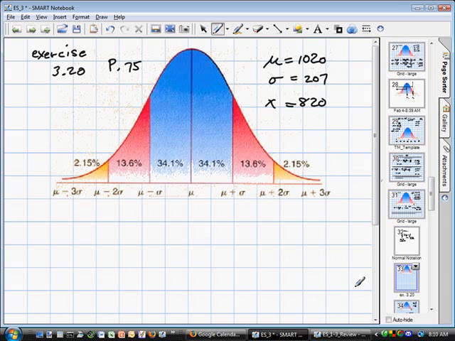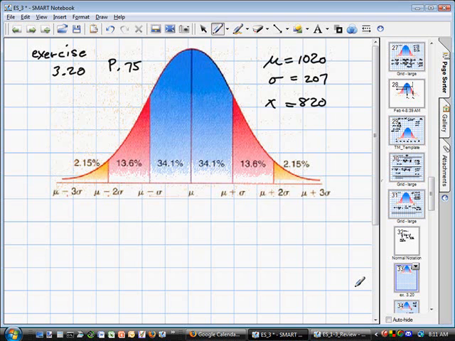In 2002, the scores for 1.3 million students taking the SATs were approximately normal, with a mean of 1020 and a standard deviation of 207, which I wrote up there. What percent of all students had scores less than 820? This is important because we're finding out what percent of students were not able to play because of being ineligible by the NCAA rules.